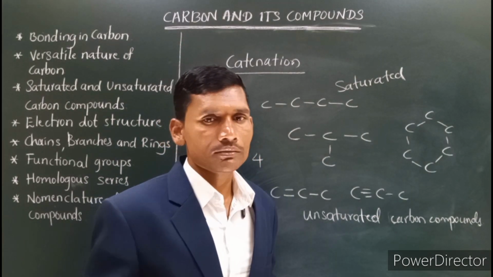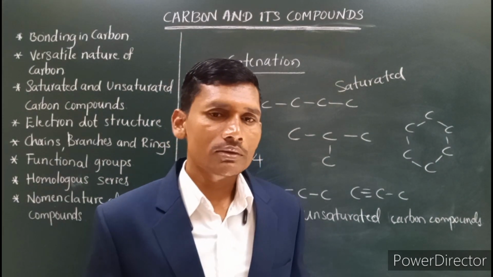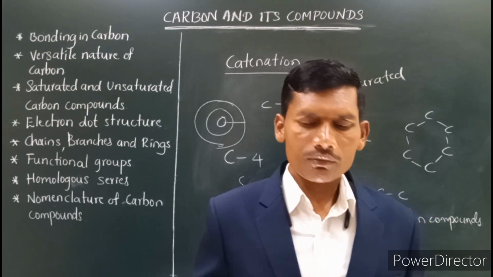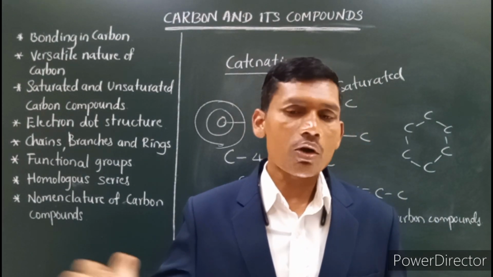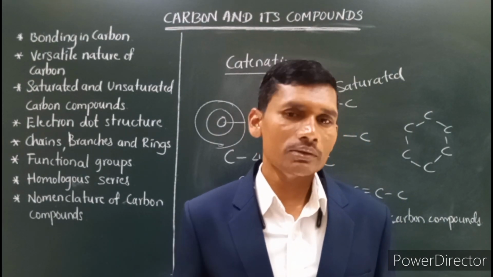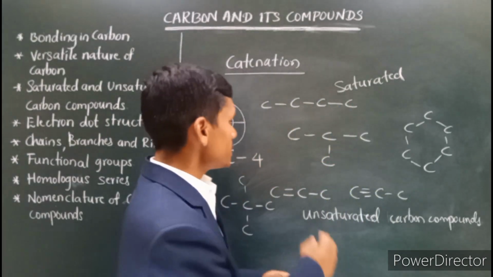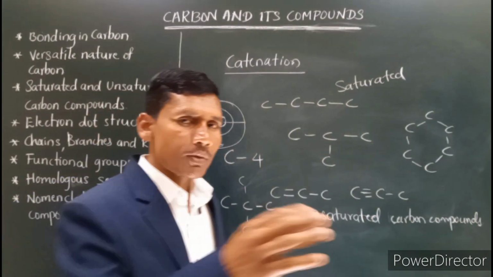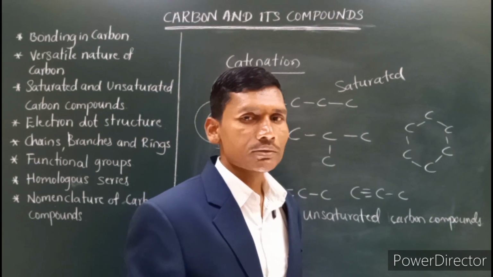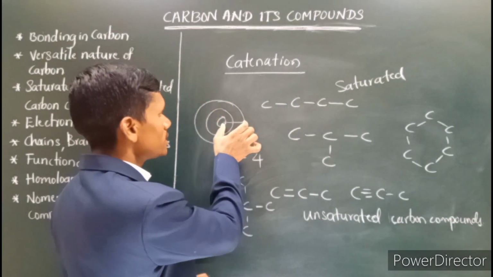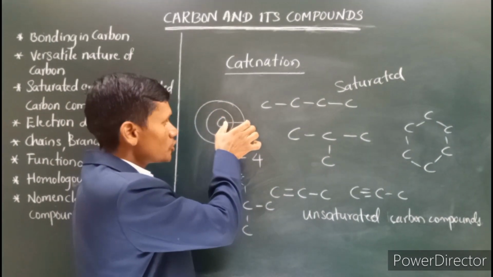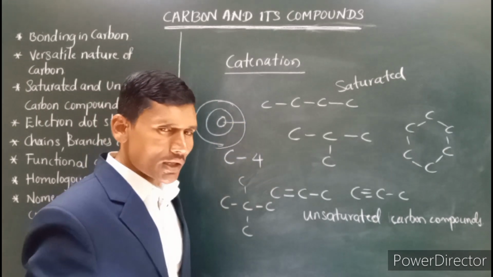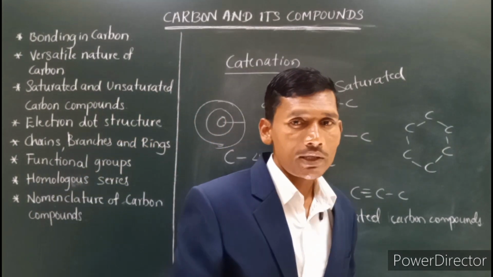The bigger atoms will not form strong bonds with other atoms. They will be weak, because as the distance of the electrons from the nucleus increases, the bond formed by those atoms will be weak. If the outermost orbit is close to the nucleus, then the bond formed by that atom will be strong.